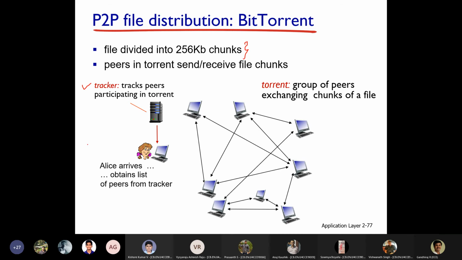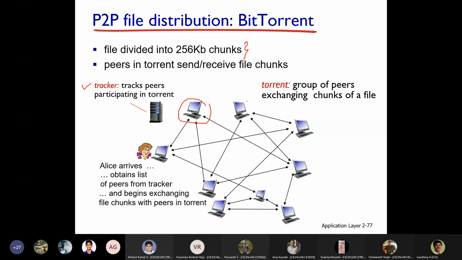So it is maintained, and the peer obtains the list of peers from the tracker. From there begins the exchange of file chunks between the peers. So in one day, between morning 9 to 10, out of 100 nodes, only 10 nodes may be ready to provide access to the file. After some time, they may go offline and not be available.